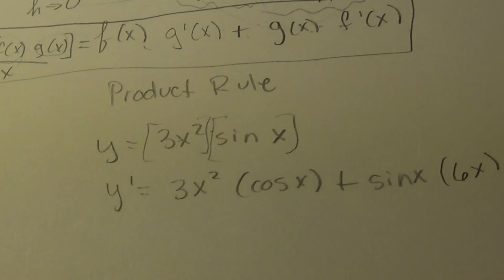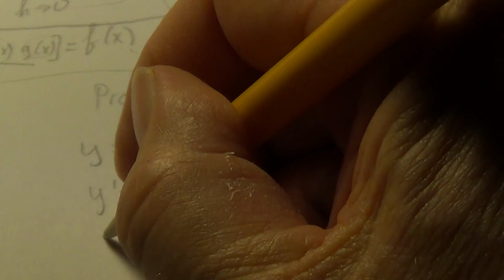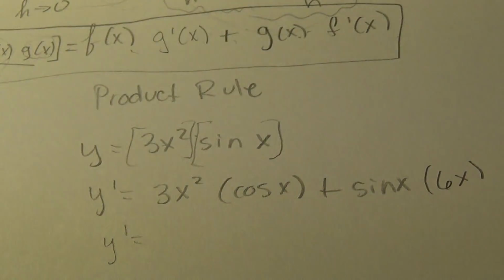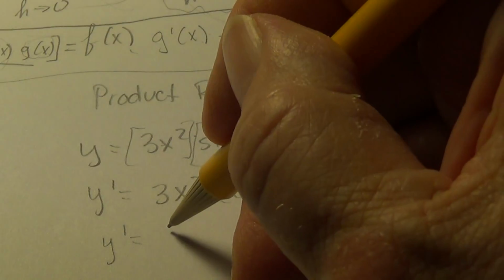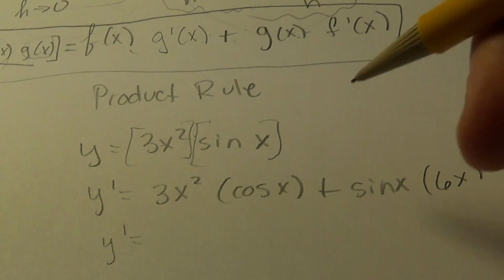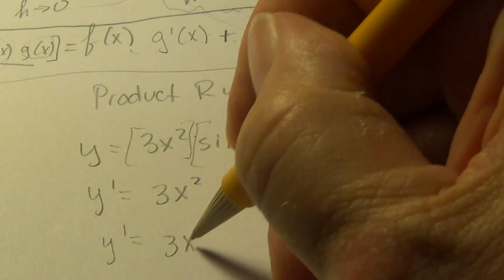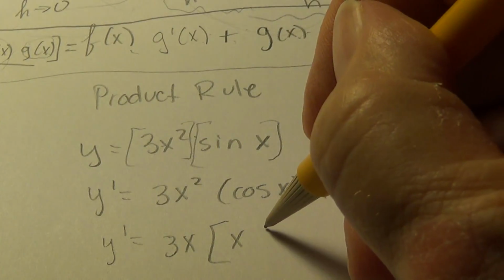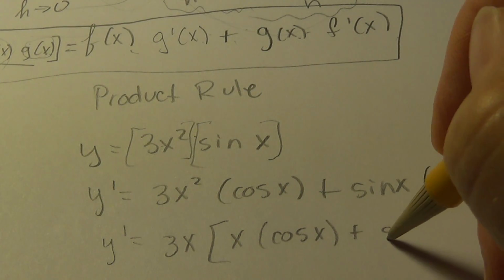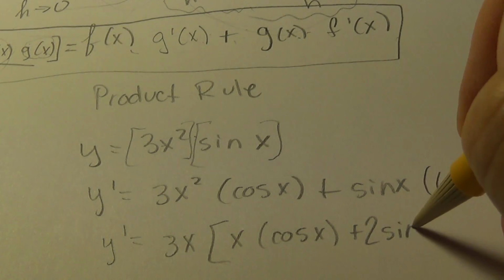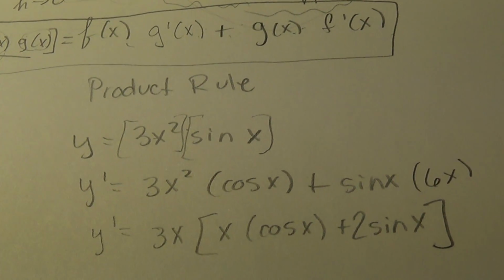Alright, the only thing your book likes, they love to do this. If you can factor out anything that's common to both terms, they will do it. So you can use your answer key. Let's go ahead and take out a 3 and an x. That gives you 3x times x cosine x plus 2 sine x by factoring that out.